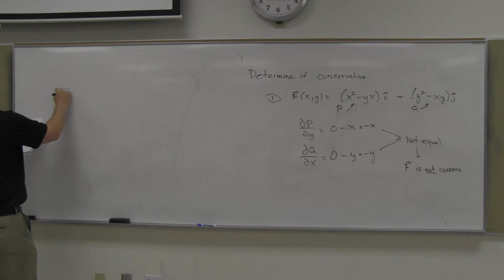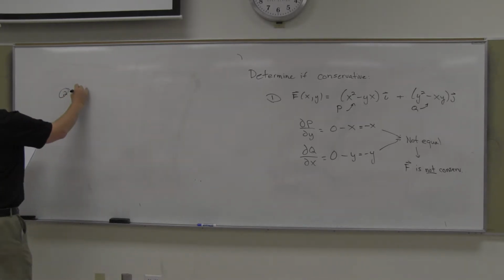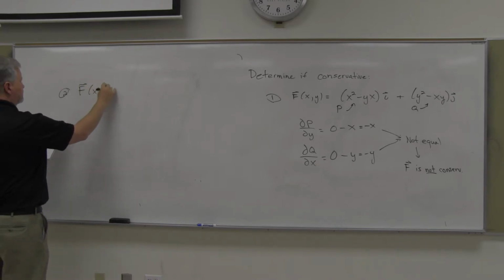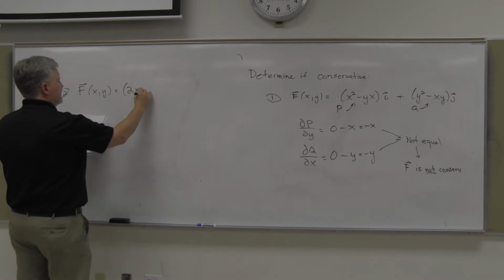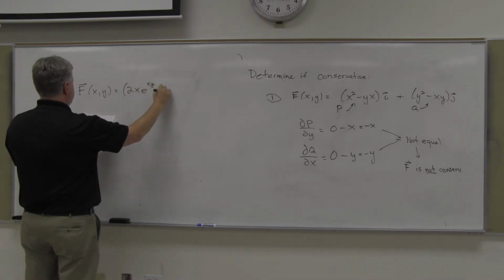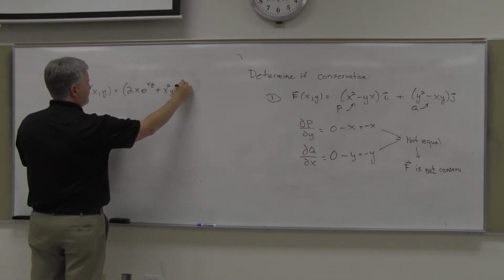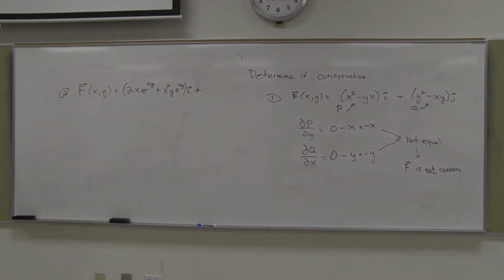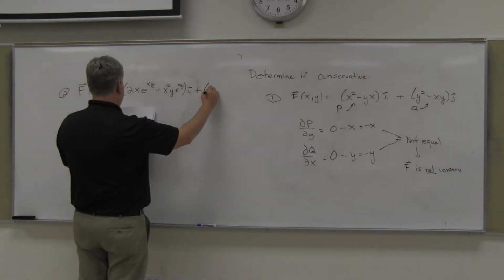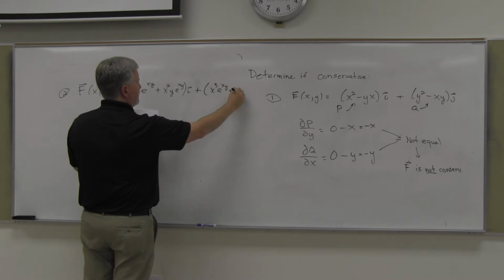All right, so number 2, F of x y equals 2x e to the xy plus x squared y e to the xy, I. Then the j component is x cubed e to the xy plus 2y.